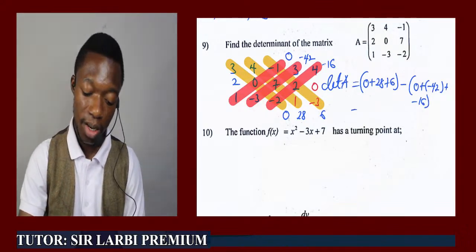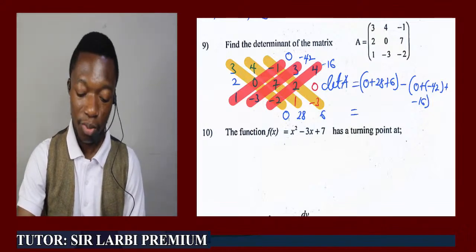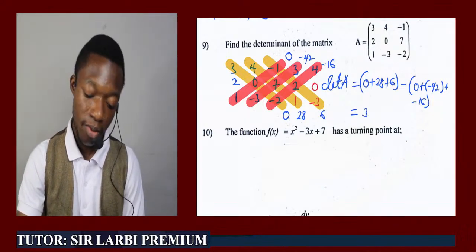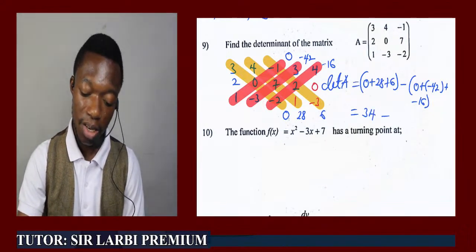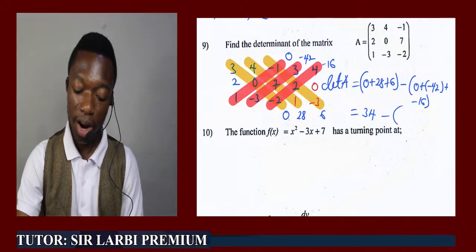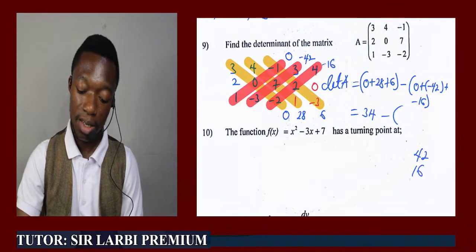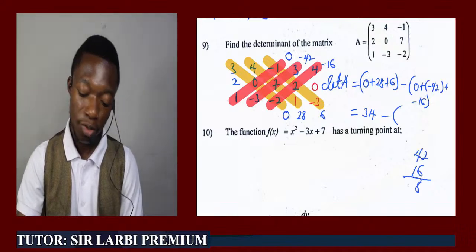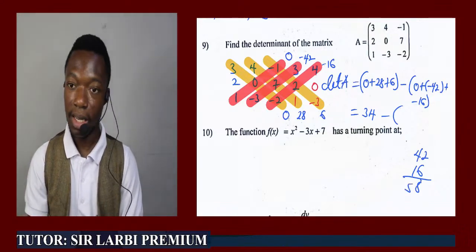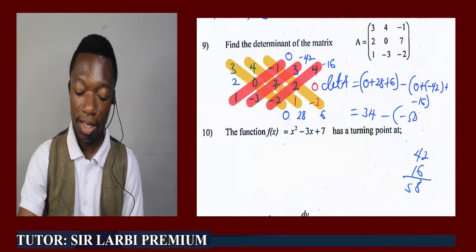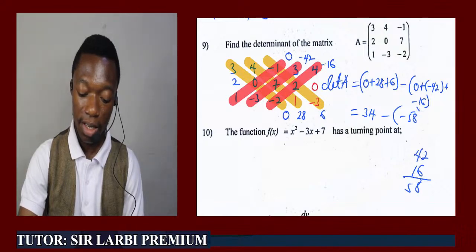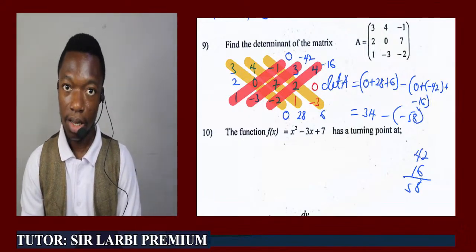So at the end of the day, we have here 28 plus 6, supposed to get 34. Then you have minus the bracket of negative 42 plus negative 16, so you are going to get negative 58.